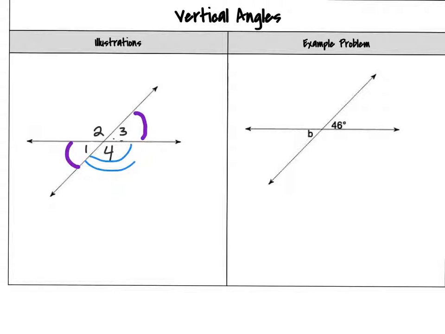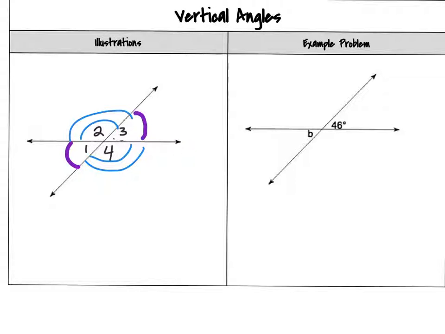And then 2 and 4 are also opposite of each other. So you can kind of see how vertical angles, if we look right here, 1 and 3, those angles look to be about the same. So we can kind of see that they would probably have the same measure. Oh, Larry saw that. Good job.